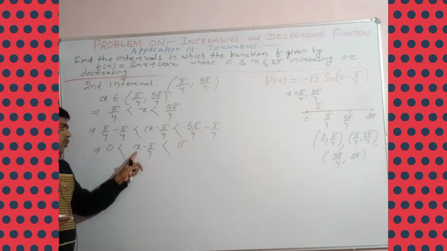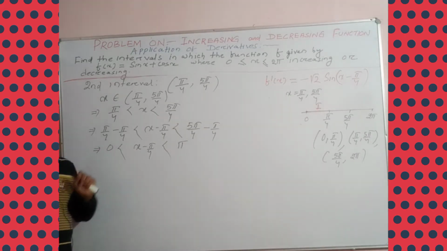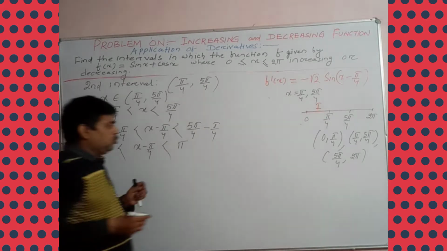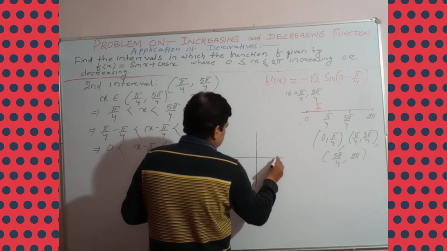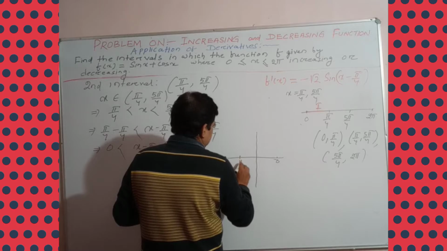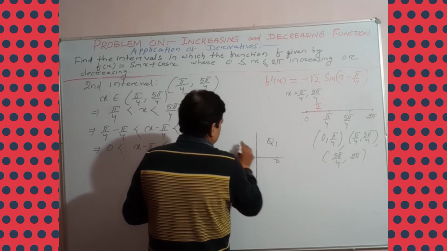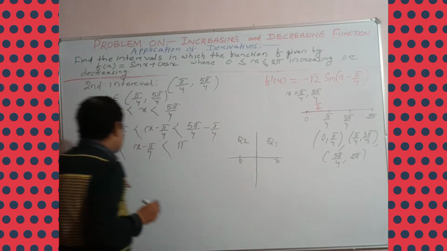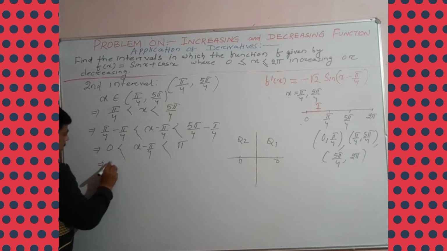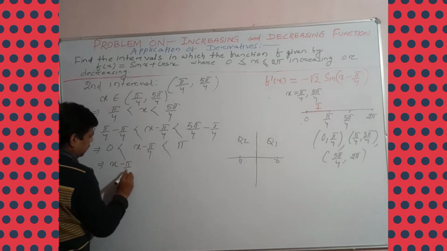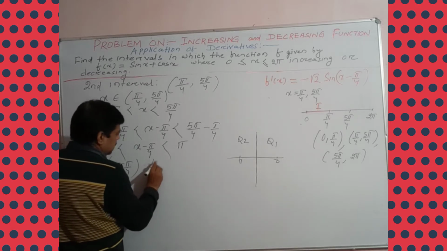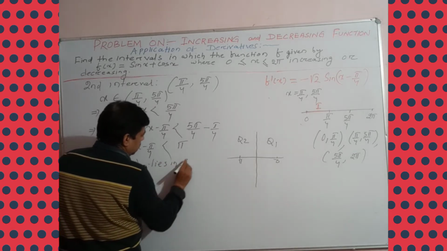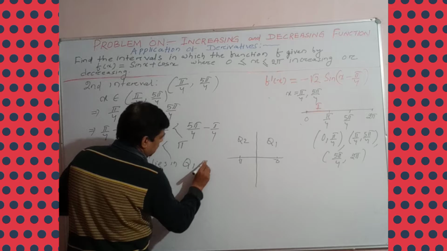It means the angle lies between 0 to pi. 0 to pi means which quadrant? 0 to pi is the first quadrant and second quadrant. That implies x minus pi by 4 lies in the first quadrant and second quadrant.